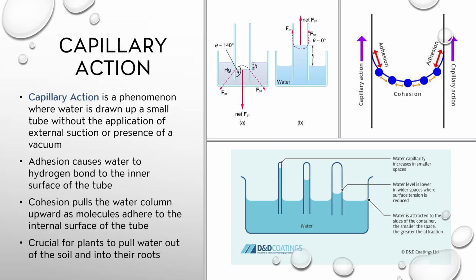So what's happening is adhesion is causing the water molecules to stick to the inside walls of this tiny tube. And the cohesion is strong enough to kind of drag the water up the sides. And so water can climb until the overall effect of gravity is stronger than the effect of the forces of adhesion and cohesion.